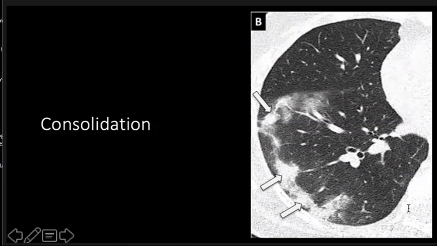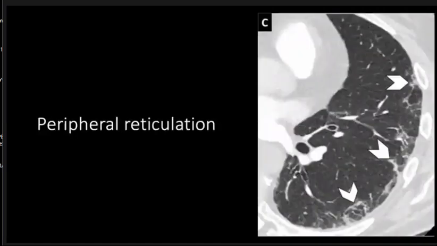This image shows consolidations with peripheral and subpleural predominance. Next is peripheral reticulation. This is due to the thickening of the interlobular and intralobular septa, and this increases with prolonged disease course. So the arrow tips show reticulation with a peripheral and subpleural location.